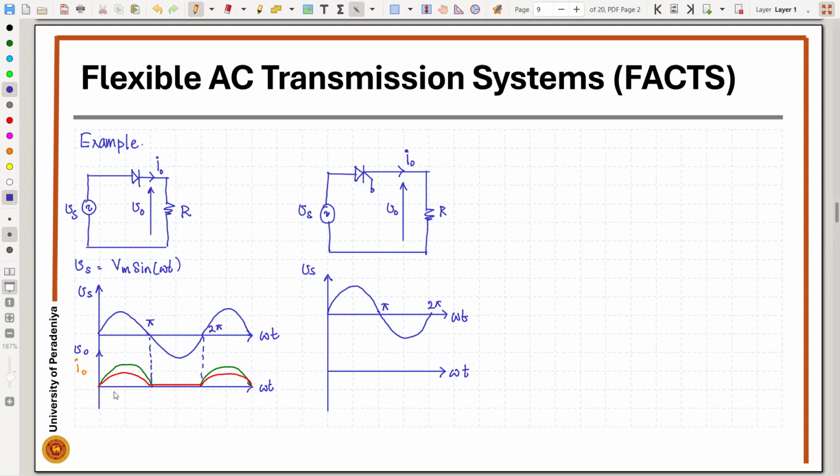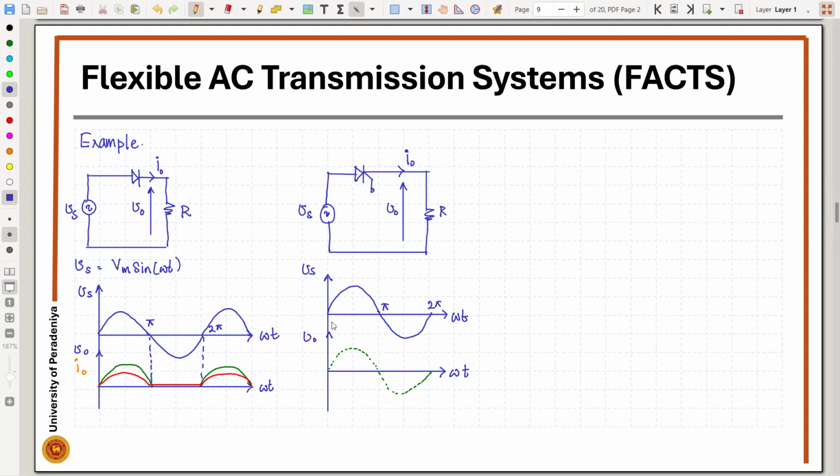So the magnitude will depend on the supply voltage. But here with the thyristor, we will be providing a gate signal to the system.